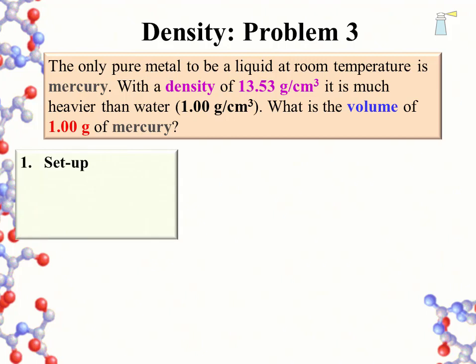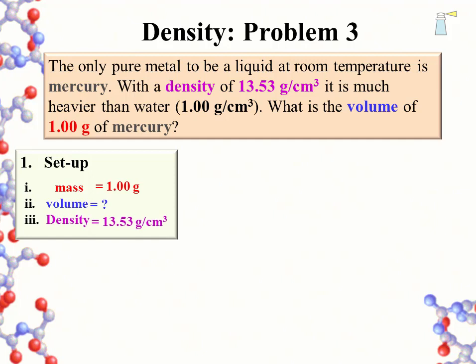We begin with the setup, identifying known and unknown variables from the problem. Mass is a known in this problem. It is 1.00 grams. Volume is not known. It is what we are trying to find. Density is known. It is given as 13.53 grams per cubic centimeter.